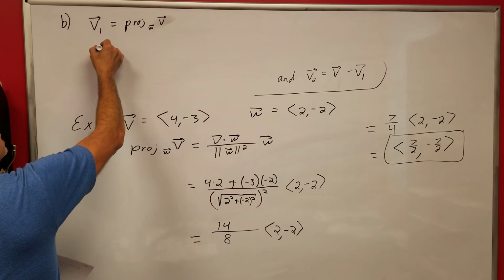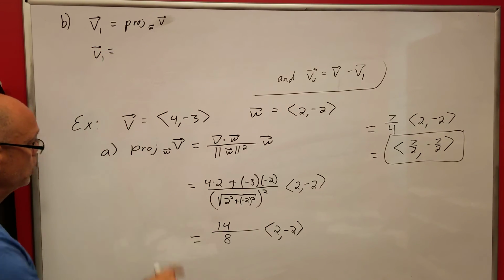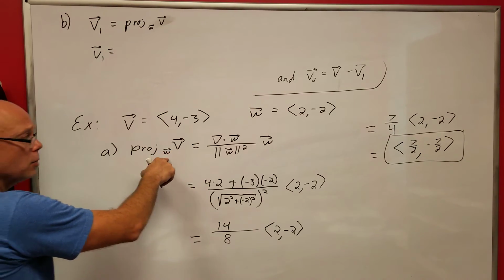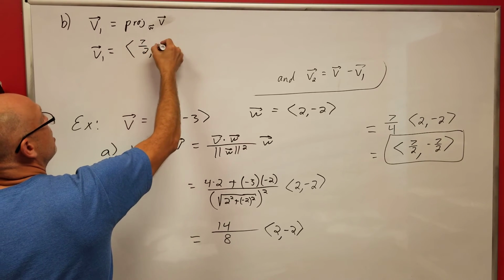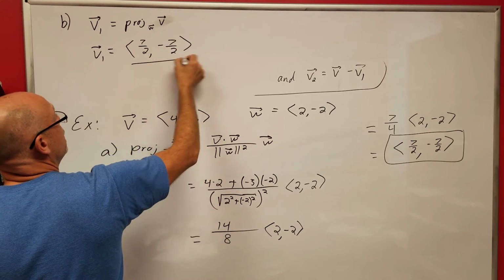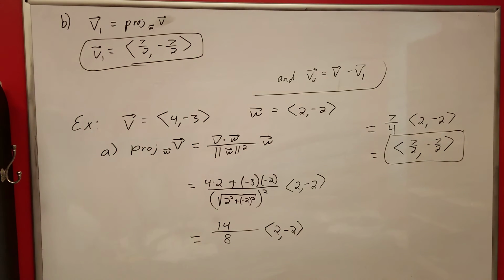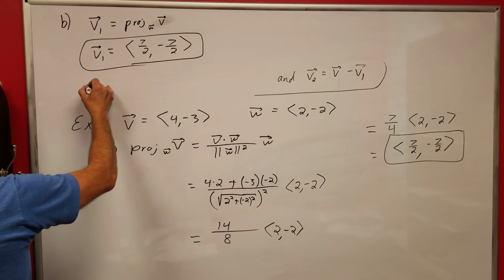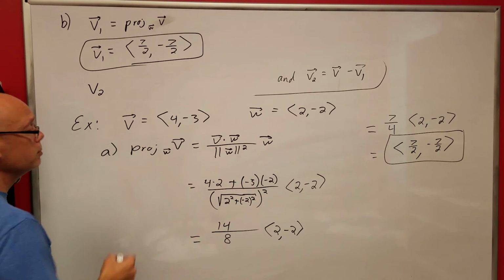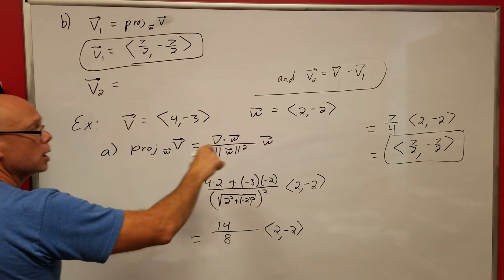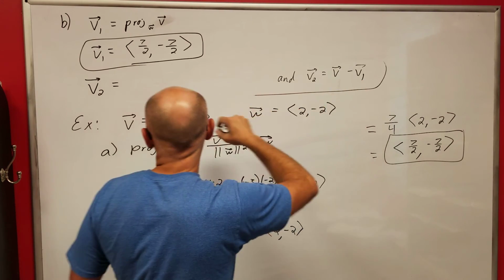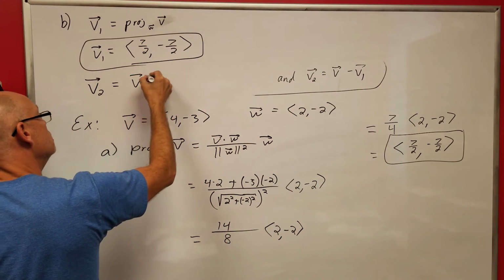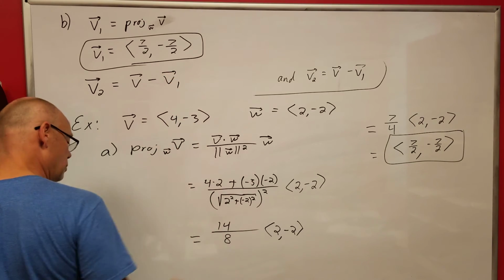So vector v1 is what I just found in part A, the projection of v onto W, which was 7 halves, comma, negative 7 halves. So I already did the work for that one. What else do they want? They want vector v2, right? According to this, v2 is equal to v minus v1.